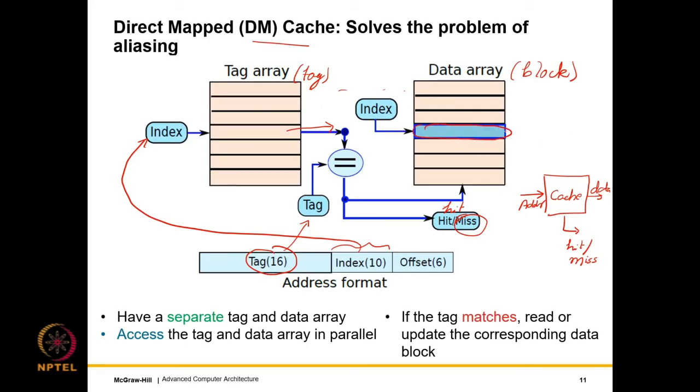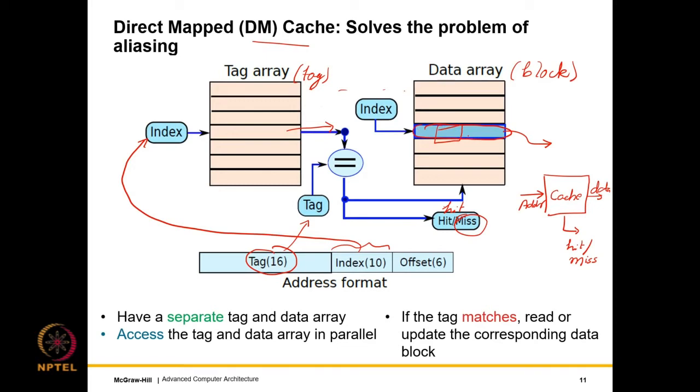If it's a read, and we want to read 4 bytes out of this, we read those 4 bytes and send them to the output. If it's a write, then we will also typically write to 4 or 8 bytes at a time.